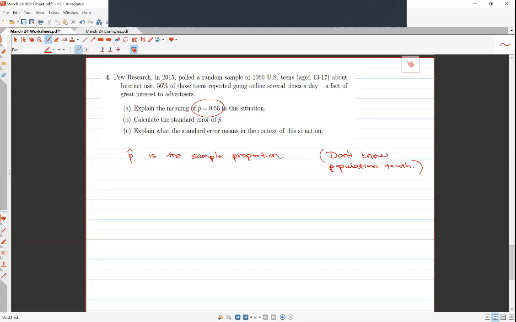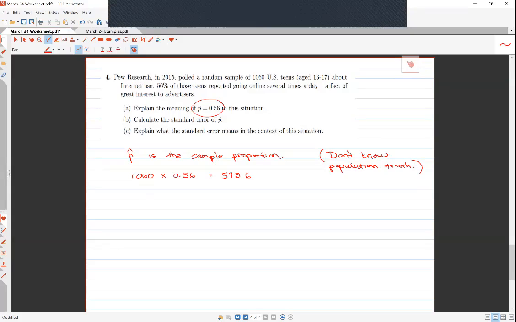It tells us of the 1,060 teens, if we multiply by 0.56, that tells us how many in our sample go online regularly.